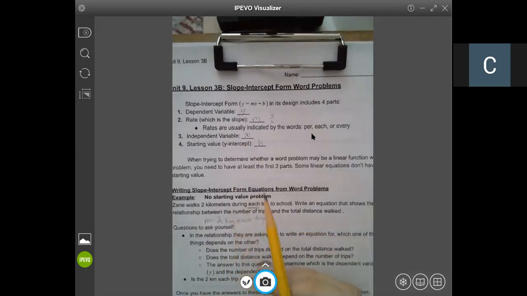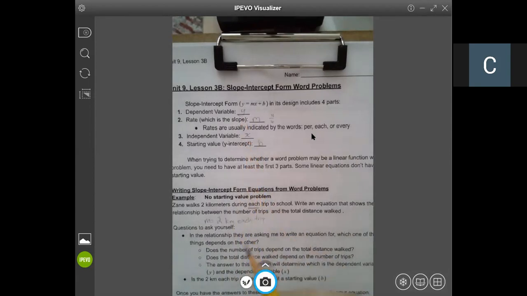And then it says, write an equation that shows the relationship between the number of trips and the total distance walked. All right, so it seems like we don't have a lot of information here to write our rule. But we do have the rate, so we have the m. What we need to determine is what is the y and what is the x.